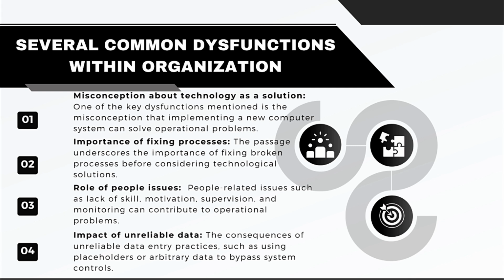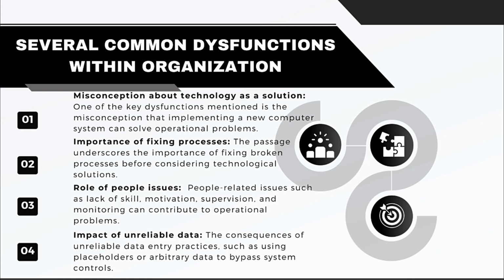It discusses how people-related issues such as lack of skill, motivation, supervision, and monitoring can contribute to operational problems. It emphasizes that neglecting these people issues while focusing solely on process or technology solutions is likely to result in continued dysfunction within the organization.